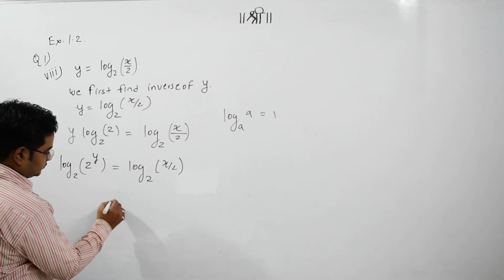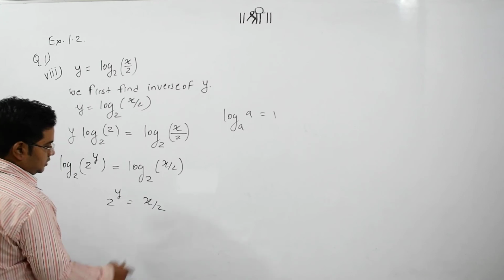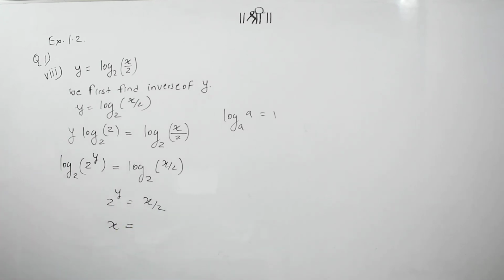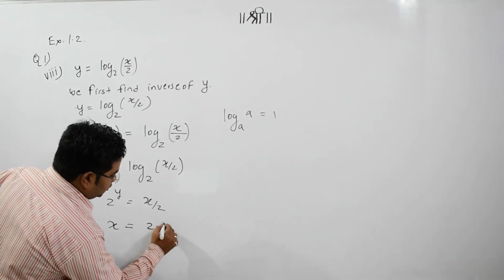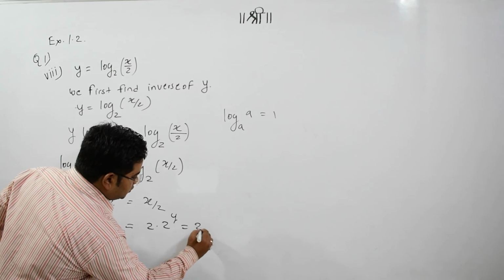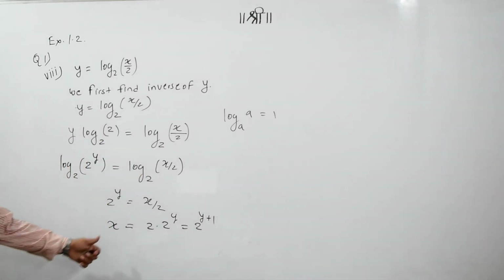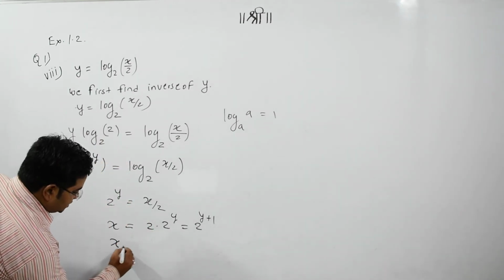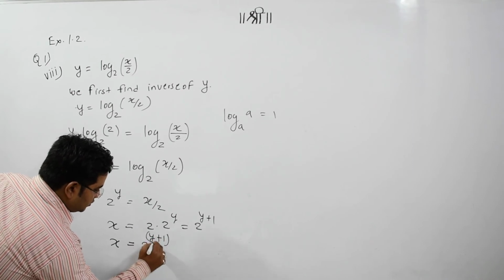What you will get: 2 raised to y is equal to x by 2. So 2 multiplies over here, so x is equal to 2 into 2 raised to y, which is equal to 2 raised to y plus 1. Most important equation you are getting: x is equal to 2 raised to y plus 1.